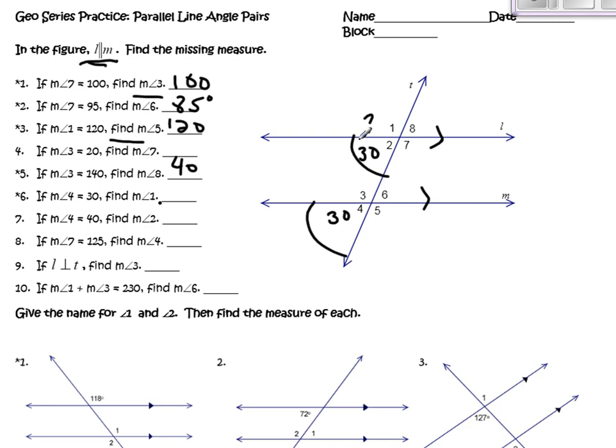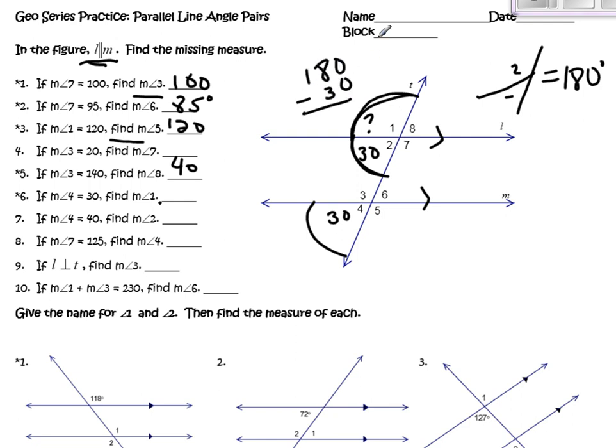So once again, angle 2 and angle 1 are going to form a linear pair. A linear pair is a pair of angles that sit on a straight line, and they have a sum of 180 degrees. So if angle 2 is 30, then angle 1 would be 180 minus 30, so angle 1 would be 150.